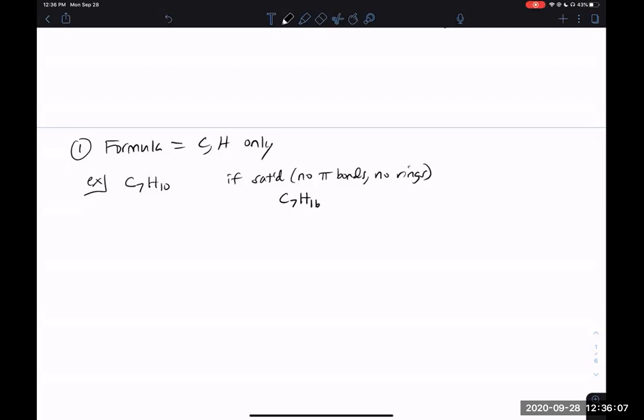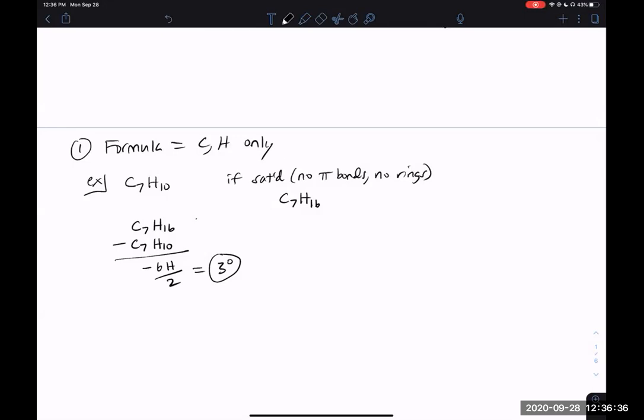Then you just subtract. C7H16 minus C7H10, which is mine. I am missing 6 hydrogens. Then I divide this by 2. My degrees of unsaturation is 3.